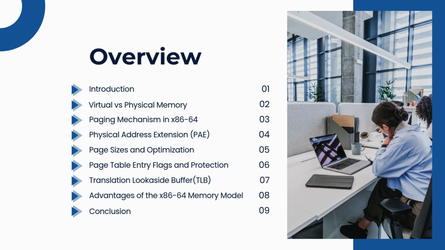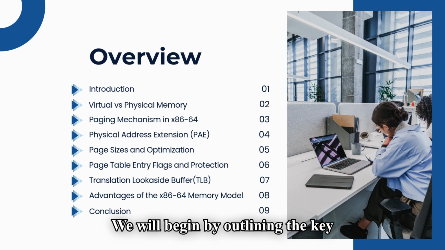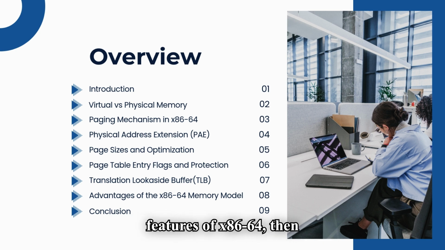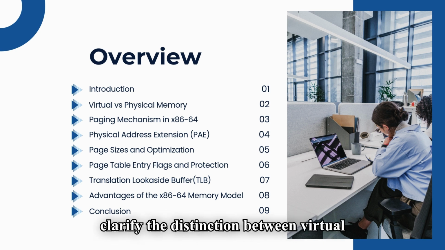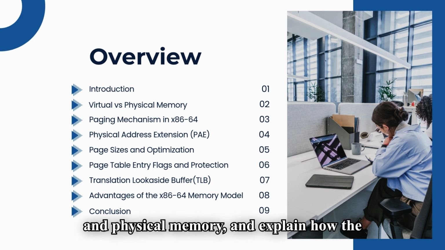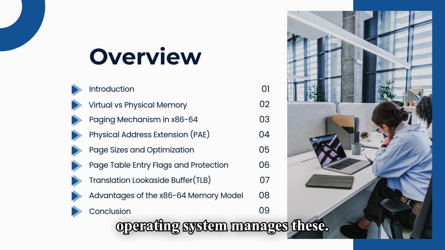This video presents an in-depth analysis of memory management mechanisms in the x86-64 architecture, a foundational component of modern computing systems. We will begin by outlining the key features of x86-64, then clarify the distinction between virtual and physical memory, and explain how the operating system manages these.